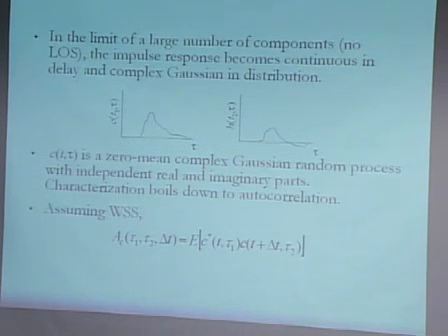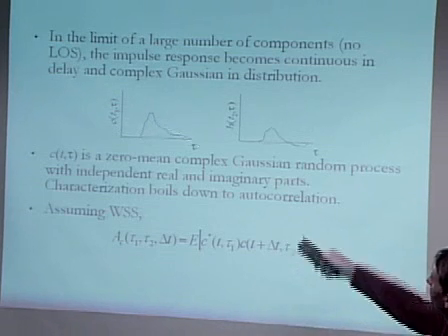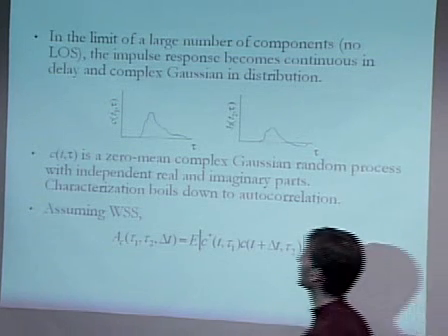So this capital N that we had in the summation goes to infinity, and so we have an infinite number of components. So imagine this as a continuous function of delay, and it changes over time. So it's a function of delay and time. So at each delay there is a power, and now this whole thing is oscillating.